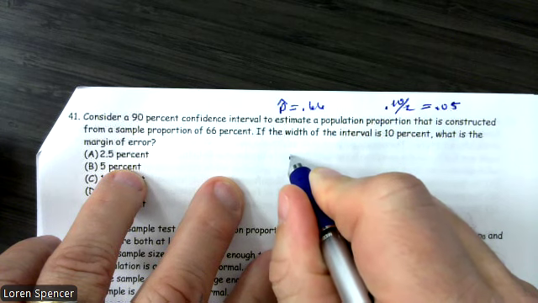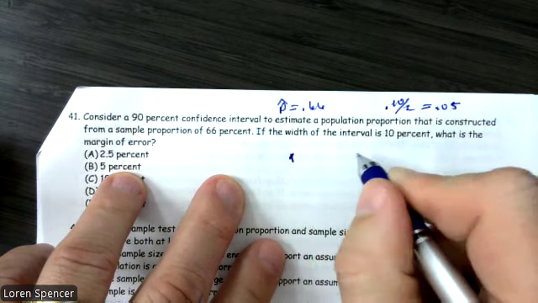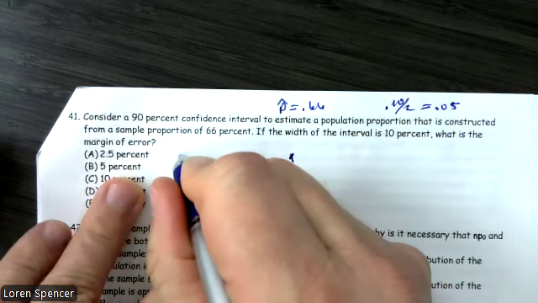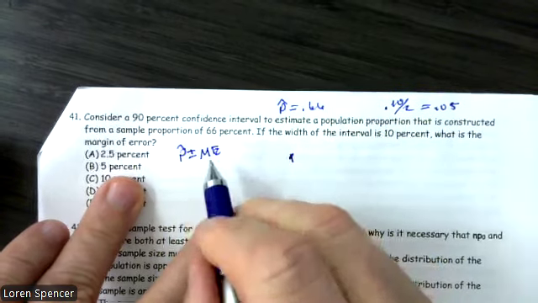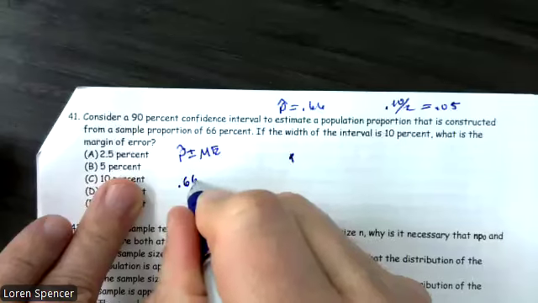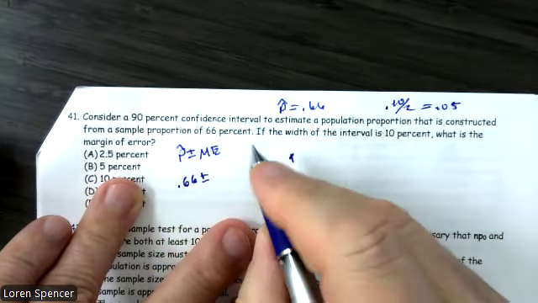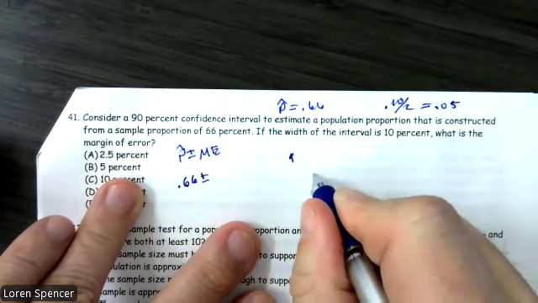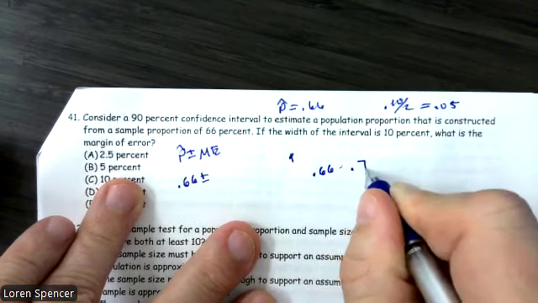We know that our interval is p hat plus or minus the margin of error. That's the formula. If we know that p hat is 0.66, then 0.66 plus or minus some value. How much are we adding? If I add 0.05, 0.66 plus 0.05 takes me to 0.71.